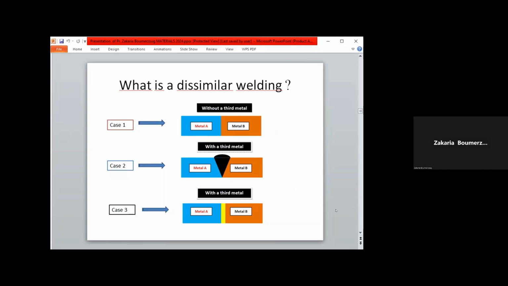In general, we use an electrode. Case 3 is to put a thin sheet between metal A and metal B. This is a solution to weld metal A with metal B.